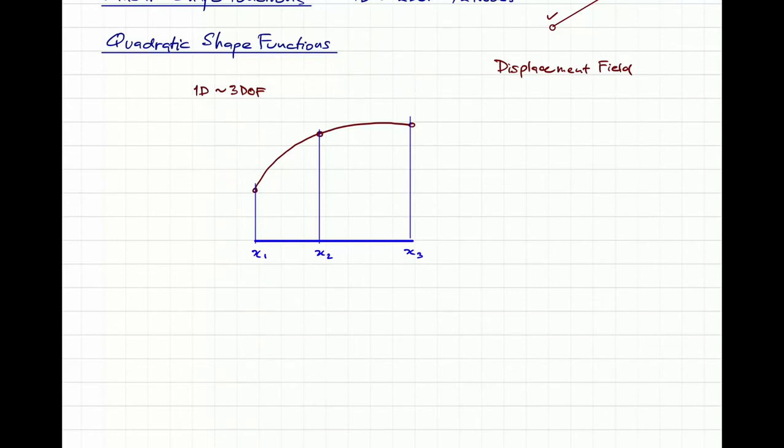So how does the shape function associated with each checkpoint look like? For the checkpoint x1, let me ask you first, what is the characteristic of the shape function? It should give us the influence of the displacement at the point where it is associated with, right?